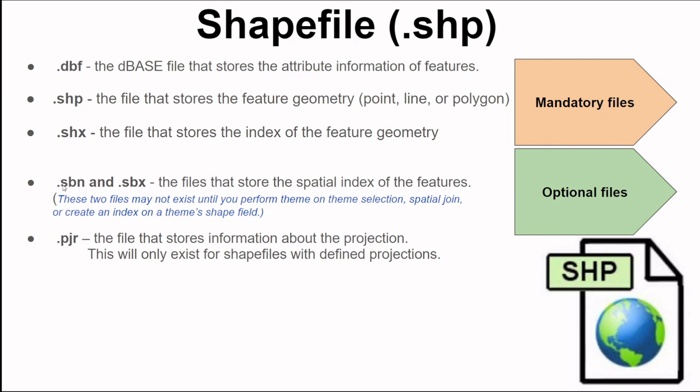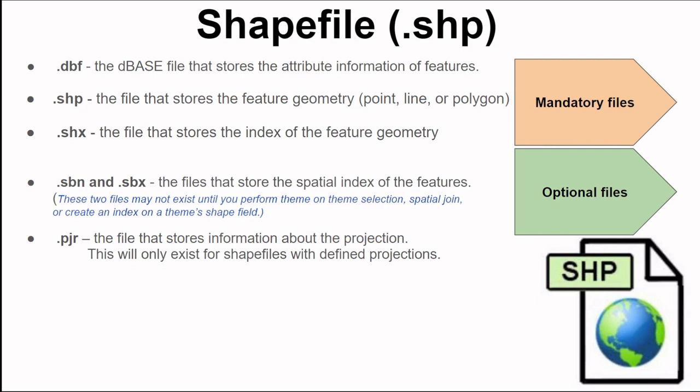For instance, .sbn and .sbx are file formats that store the spatial index of features. This only happens when you perform certain processes like selection, spatial join, or you create an index. These are created automatically because they fast-track the processing of the data.